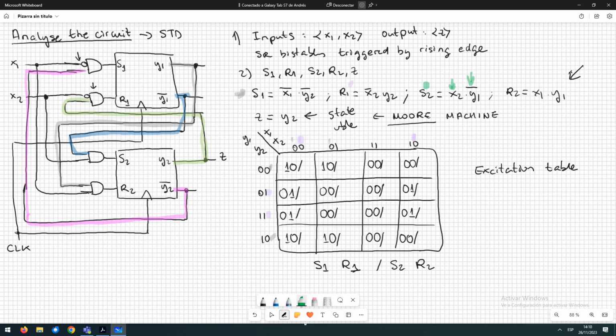With S2 we are in the case in which x2 is 1 because it's not negated. x2 is 1 here and here, and y2 has to be 0 because it's negated. y1 has to be 0 because it's negated. y1 is 0 here and here, so in this case our ones are going to be there, and the rest of the table is going to be 0.